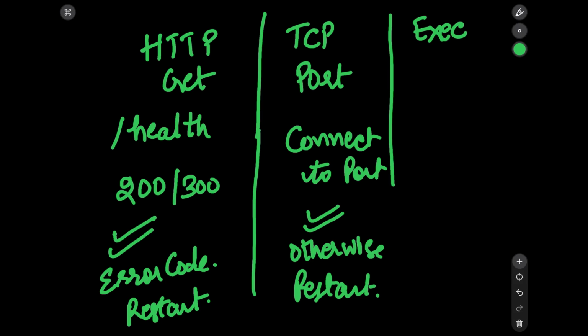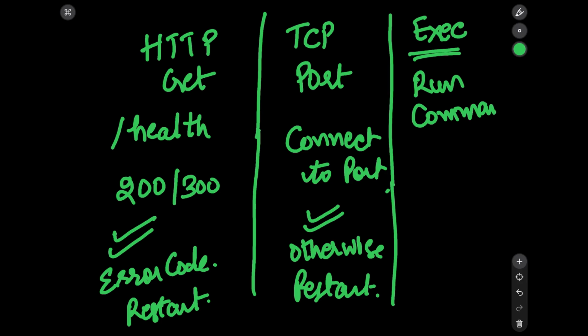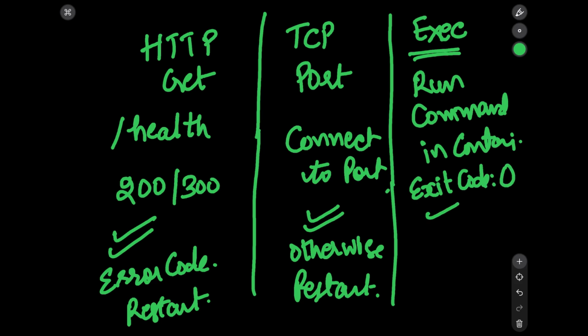In TCP port, we just try to connect to the port. If it fails, the liveness probe failed and we restart the container. And in exec, we just run a command in the container. If the exit code of the command or the script which we run is 0, the liveness probe passes.